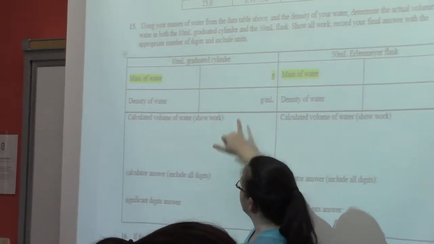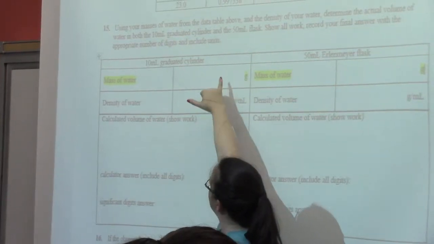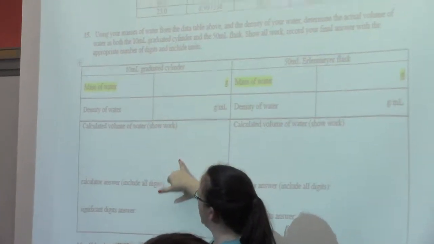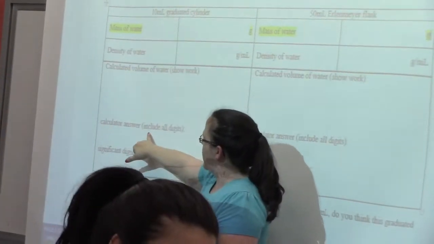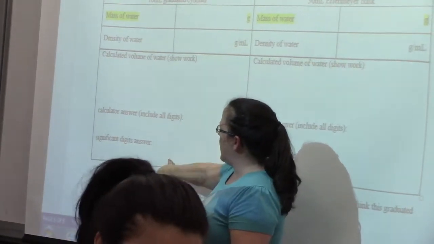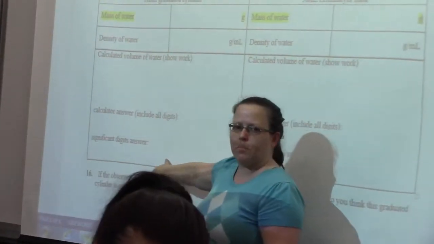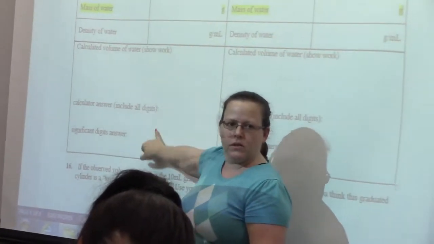You're going to show that work here. You're going to give the calculator answer, that includes all the digits your calculator spit out at you, and then your answer with the appropriate number of significant digits. Okay, you all understand what we're doing here?